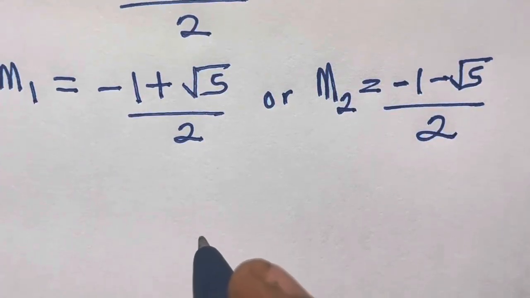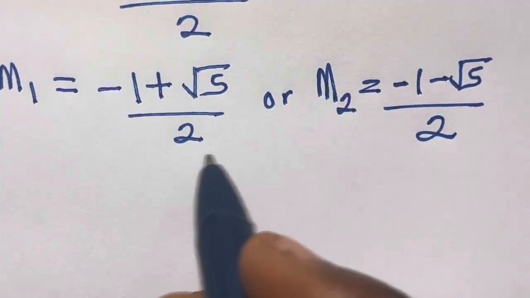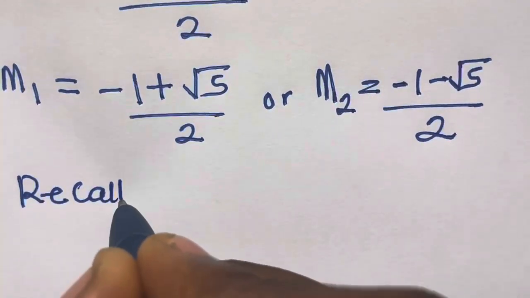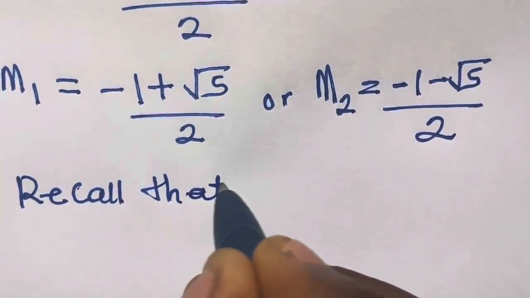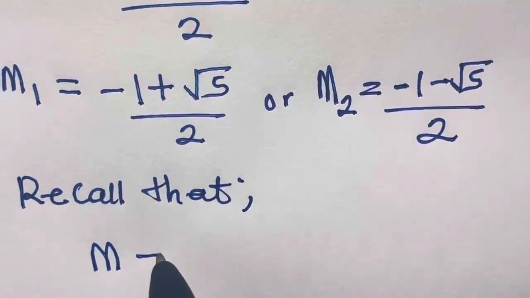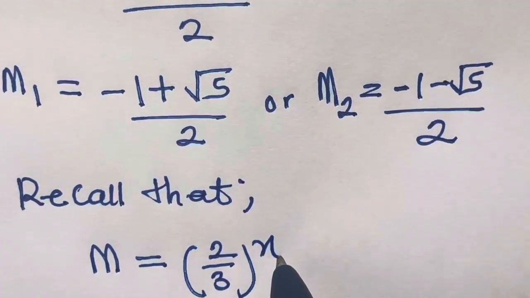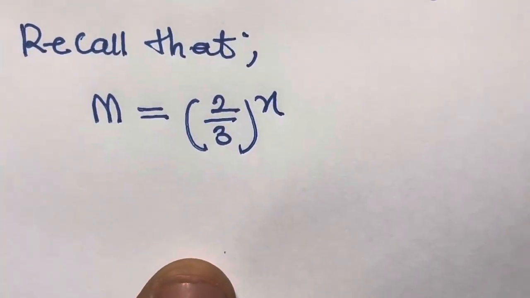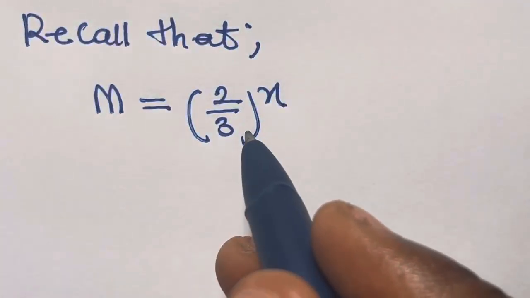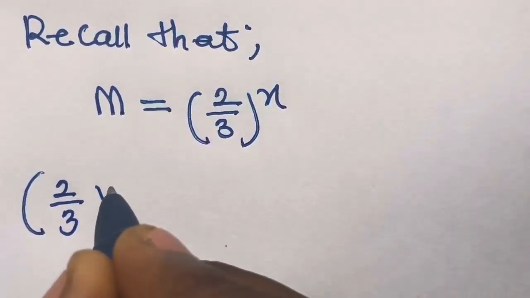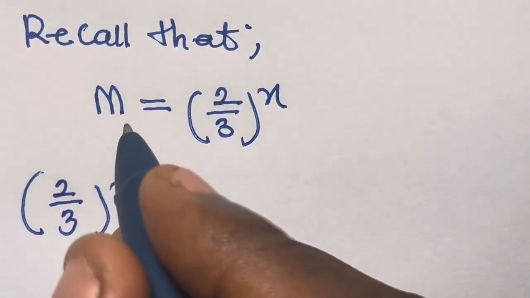But we are not asked to find m, we are asked to find x. So we recall that m equals 2 divided by 3 raised to power x, right? So from here we have 2 divided by 3 raised to power x equals, let's first do with m1.